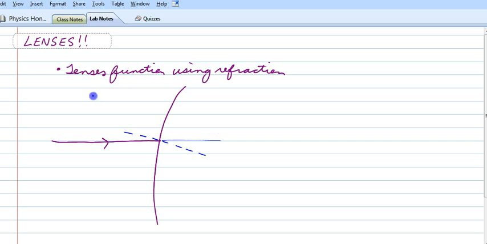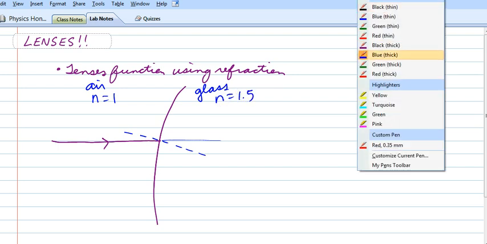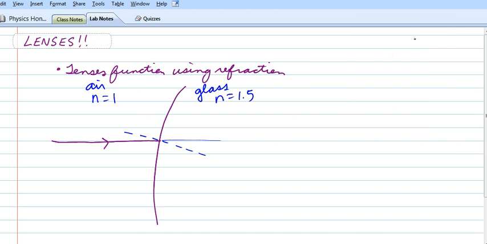If this is air and this is some sort of glass, glass is about 1.5 or so. Going from less dense to more dense, the light is going to bend towards the normal, something like that. If we were to measure theta 1, or theta incident, and theta 2, or theta refracted, that's what would happen.